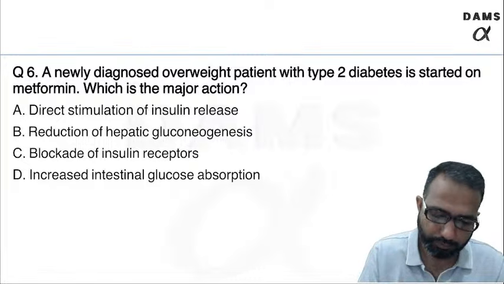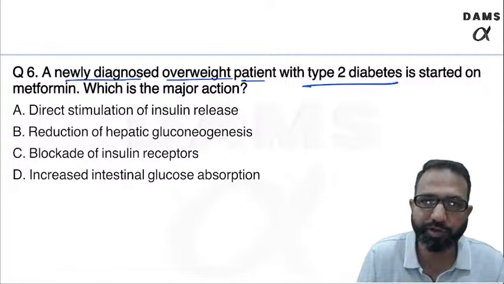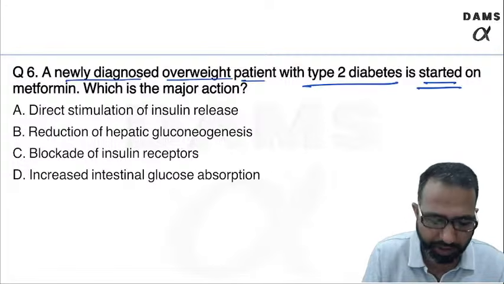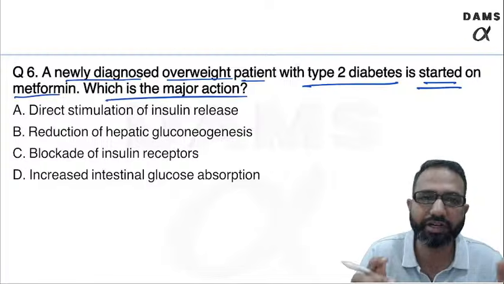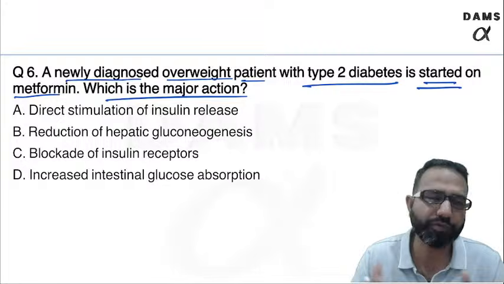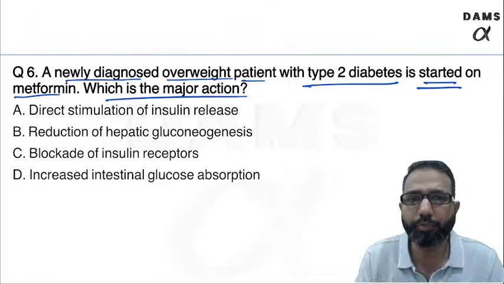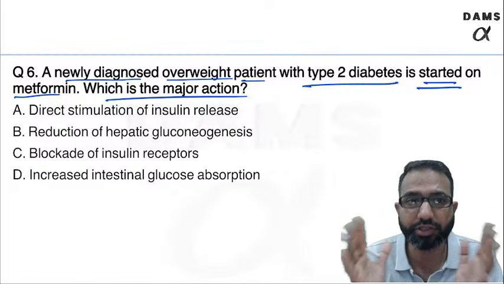Next question. A newly diagnosed overweight patient with type 2 diabetes is started on metformin. Which is the major action? In a newly diagnosed type 2 patient, you can start with metformin. Metformin is one of the first line drugs, a biguanide class of drug mainly targeting the insulin resistance.